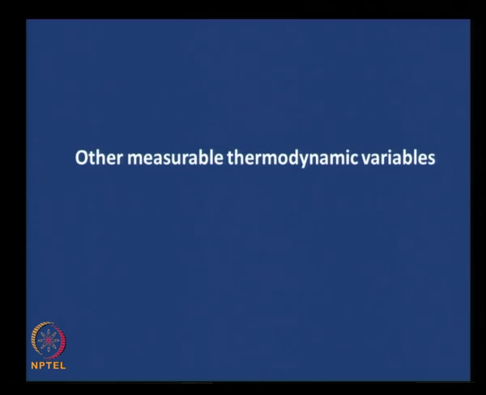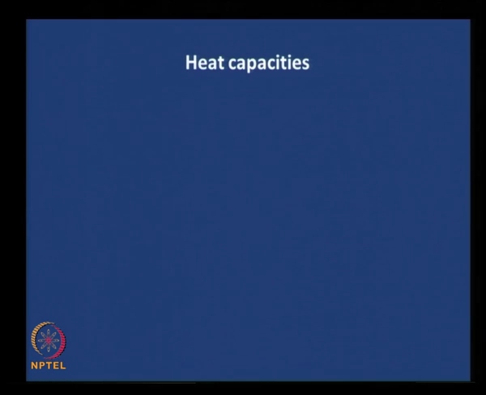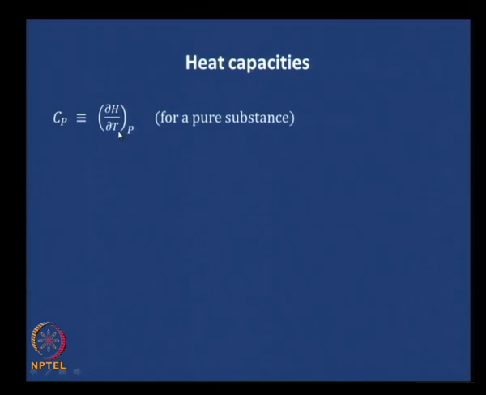Other measurable thermodynamic variables. Heat capacity, Cp is defined as ∂H/∂T at constant P. This is for a pure substance. We will call this equation 233. For any system, Cp is defined as ∂Ht/∂T at constant P. This is for 1 mole of a pure substance, this is for any system.